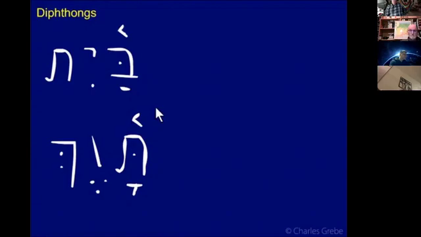Now what happens is that these can contract. Our diphthongs can contract, and when they contract, the I becomes a. Here it's really a consonant.